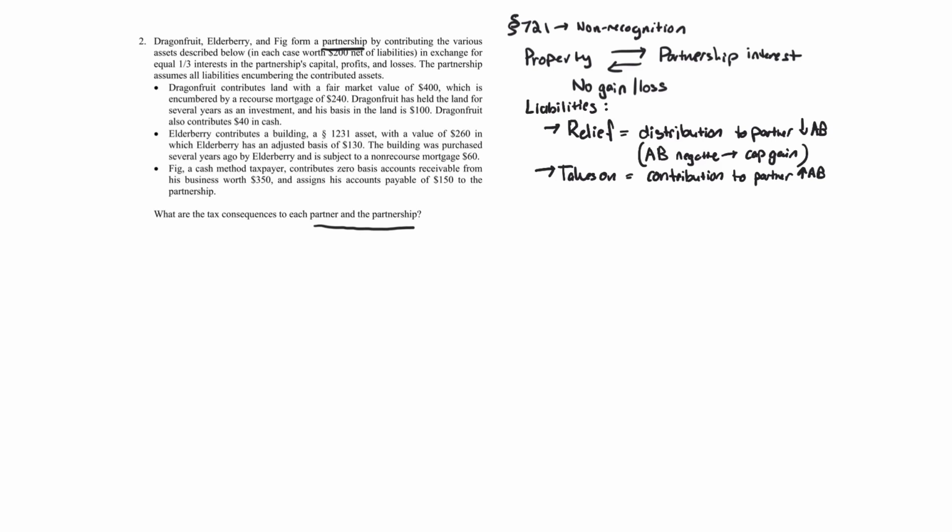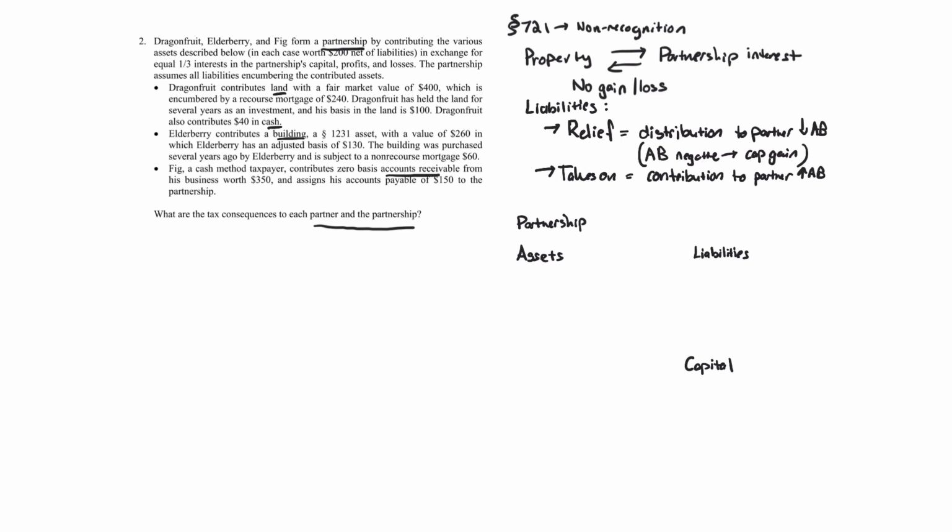All right. So we're going to start here by looking at the consequences to the partnership. Again, we're going to do a balance sheet. We've got our asset side of the balance sheet. We've got our liabilities. And we've got our capital account. So the assets the partnership receives, we've got land, cash, building, accounts receivable.